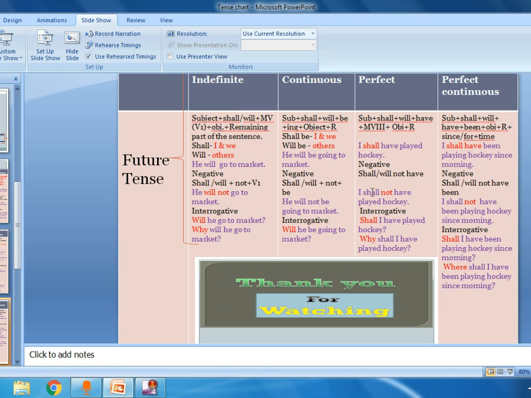Here just after shall we use not and the third form is also here. So we can say this sentence is future perfect tense. And to make interrogative we use shall before subject and have with the third form. So this sentence is future perfect and it is interrogative because there is a question mark here and shall is used before subject.